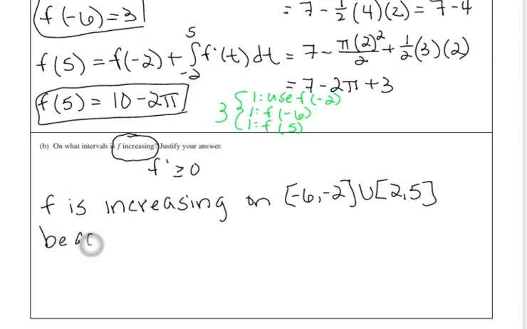Because f prime of x is greater than or equal to 0 on these intervals.